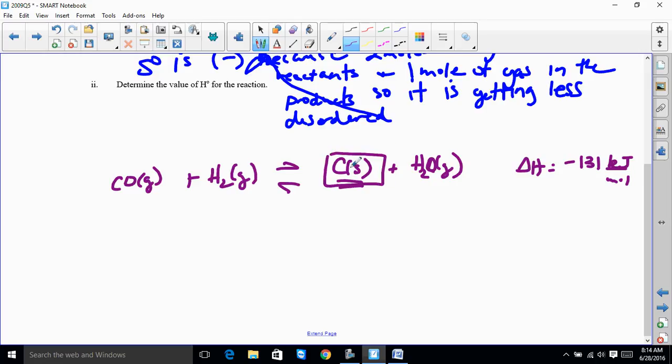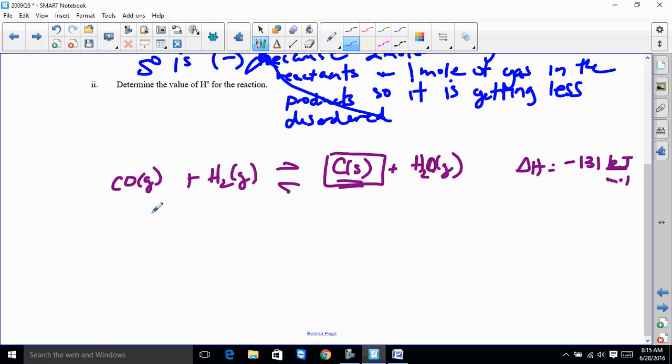Now, when you look at reaction Z, I need CO2 to be on the right. Reaction X doesn't have CO2 in it, and I've already used it, so I can't use it again. Reaction Y has CO2 in it, but it's on the left, and I need it on the right, because reaction Z has CO2 on the right.